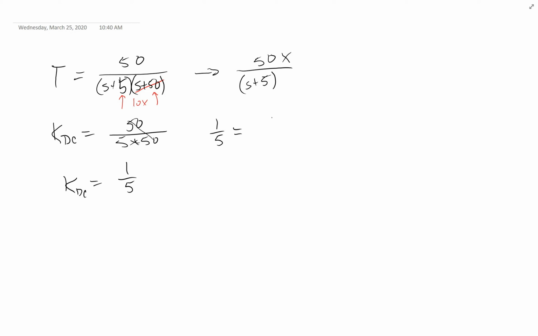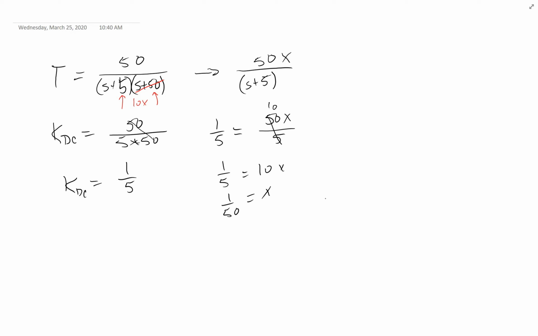So we do the same: we calculate the KDC, set s equal to 0, and we end up with 50x over 5. We do a little bit of math on this, cancel this out, make that a 10. So 1/5 is equal to 10x, which means that x has to equal 1 over 50.